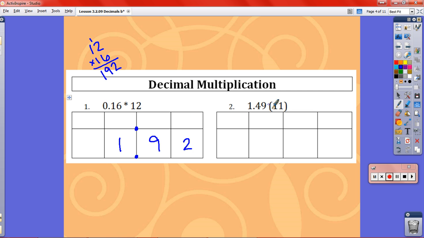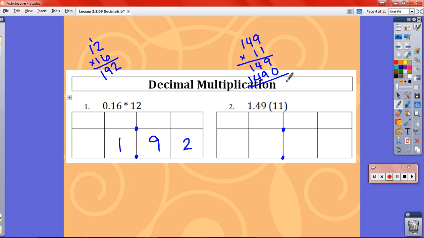Same idea here. Again, we're dealing with hundredths as our smallest unit. Place value, sorry. So hundredths, tenths, decimal, ones, tens. And it's 149 times 11. So 1 times 149 is 149, and 10 times 149 is 1,490.